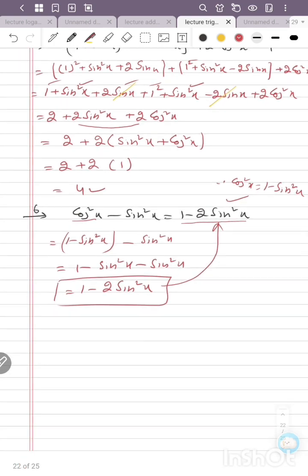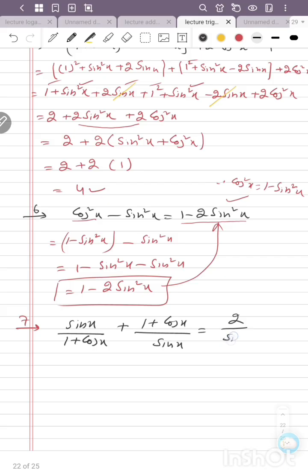Okay, now move forward. Our next question is sin x over 1 plus cos x plus 1 plus cos x divided by sin x equals 2 over sin x.